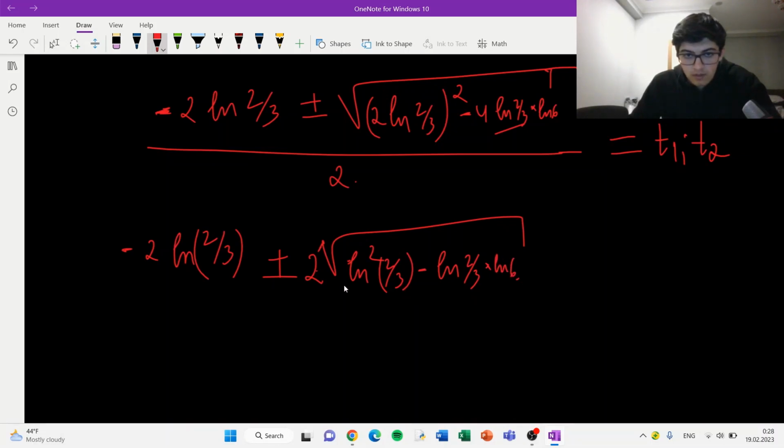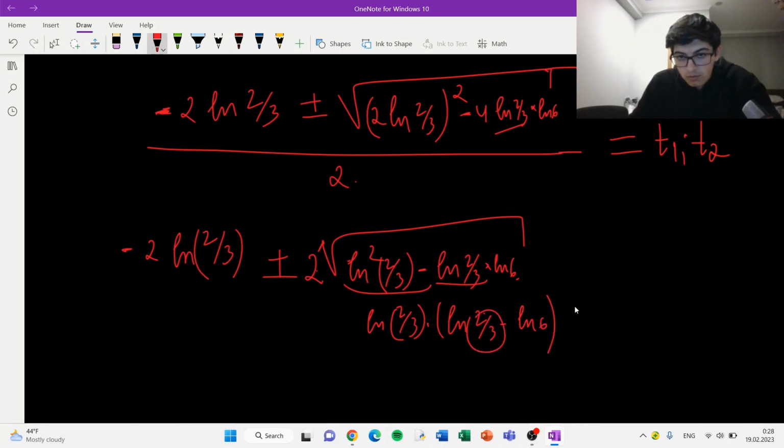Also we have the same terms, ln 2 divided by 3, here. Let's put it out of the brackets, multiplied by, and use the property of the natural logarithmic function, ln 2 divided by 3 minus ln 6.